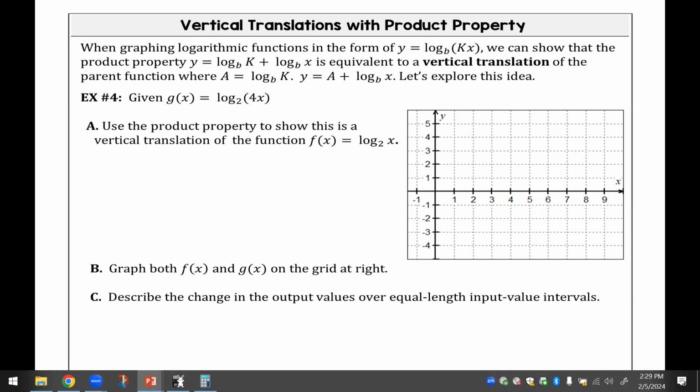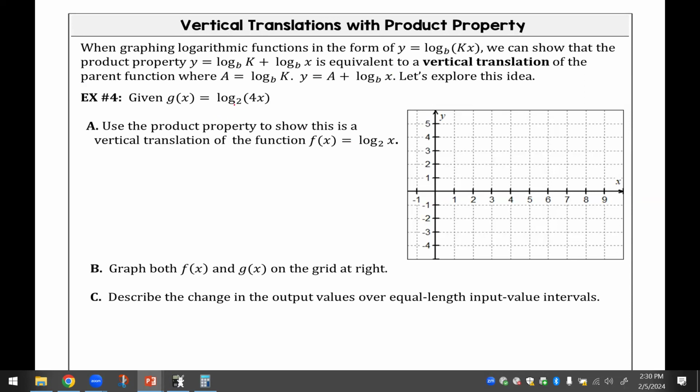So a horizontal dilation is the same thing as a vertical translation for a log function. That's because of the product property. I can rewrite it as a vertical translation, okay?